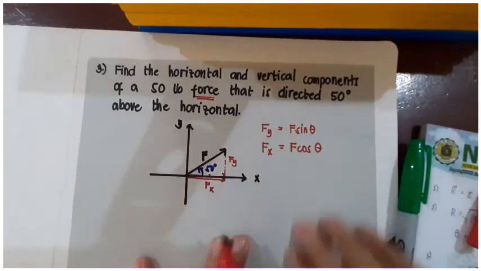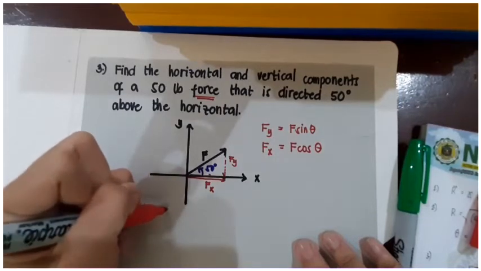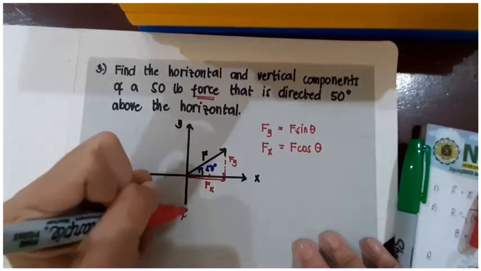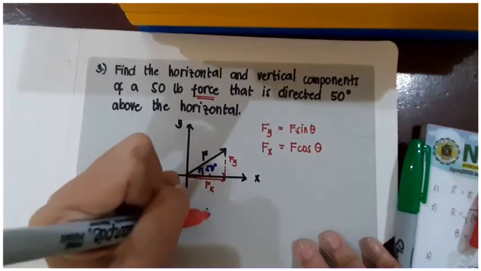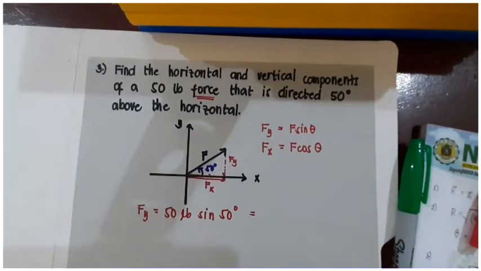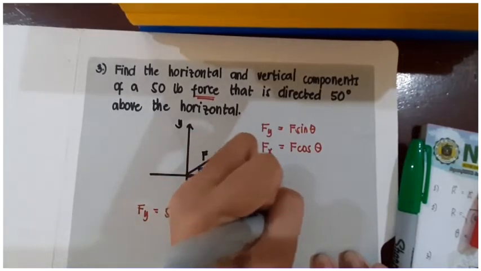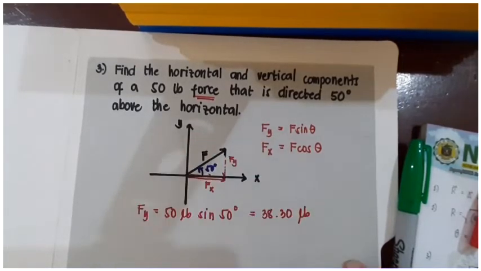And then you just plug in the values. So for Fy, your F is 50 pounds and then sine 50 degrees. So it's equivalent to 38.30 pound.